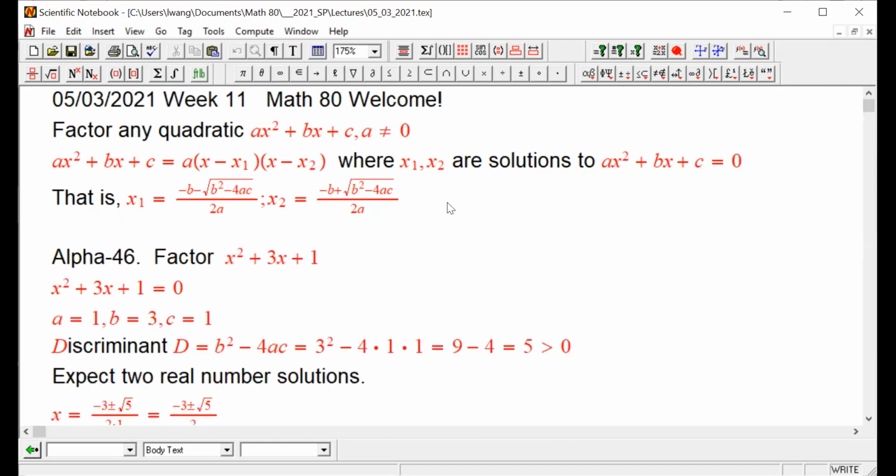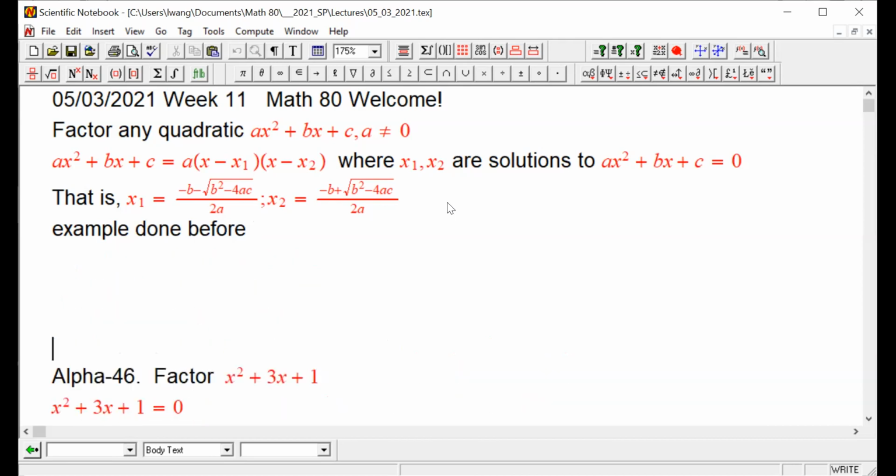This is an example we have done before using the other techniques. Let me take this example. I have x squared minus 7x plus 10. We know what the factors are. So how about I factor using this technique?